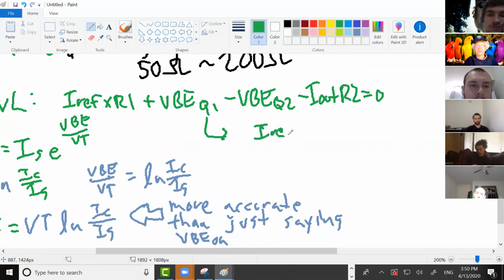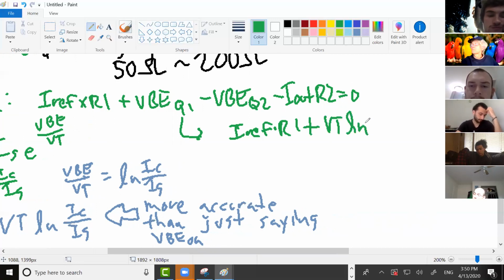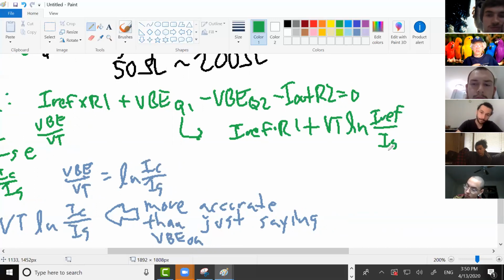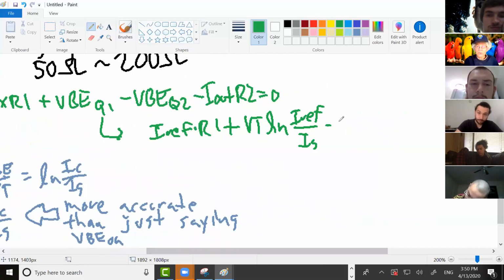We have our IREF R1, and then we have VBE of Q1. So we have to use that more exact VBE equation. So we know that's VT natural log of IC over IS. What's IC on the reference side? I ref over IS. And then we go down VBE of Q2.